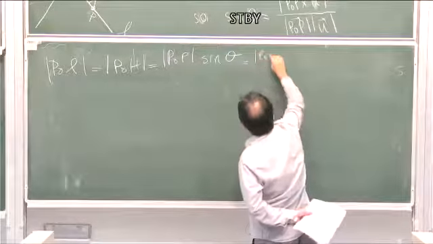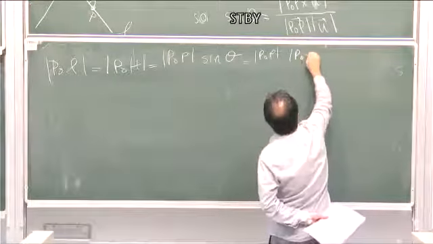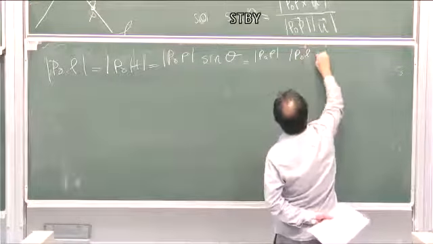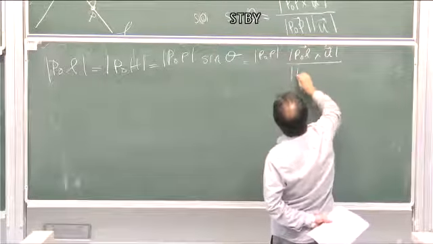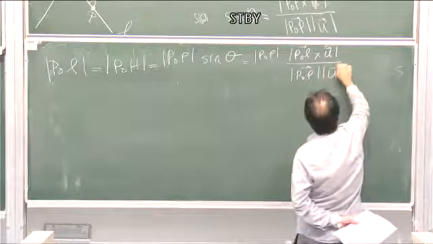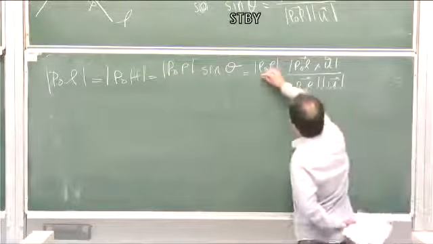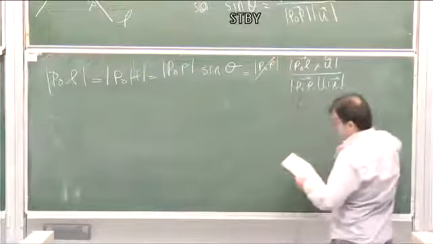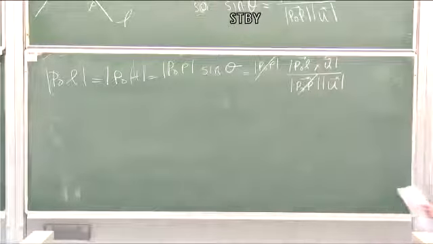So for sine theta, I'm going to write the length of P0P cross U divided by the length of P0P times the length of U. Remarkably, you see that the P0P lengths cancel out.